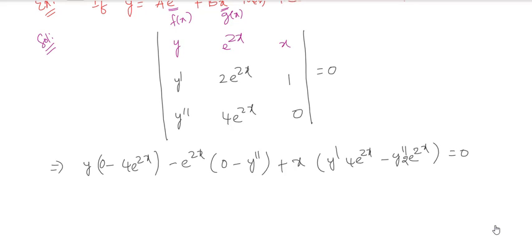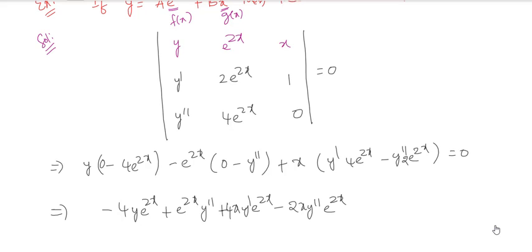So if you multiply, you will have minus 4y e to the power of 2x, plus e power 2x y double dash plus 4x y dash e to the power of 2x minus 2x y double dash e to the power of 2x is equivalent to 0. Am I correct or not?